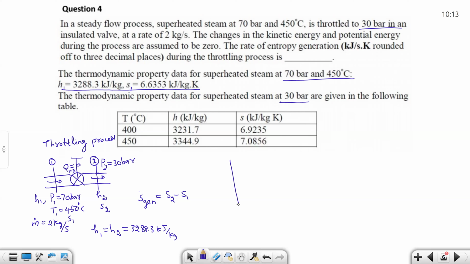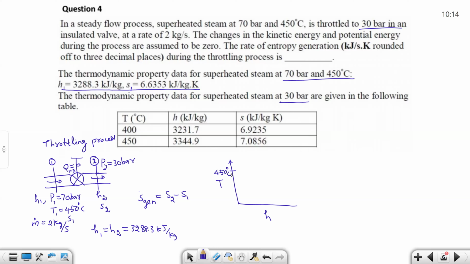So what you do, you take this temperature here by a linear interpolation of H. So you are given at 400 degrees and 450 degrees centigrade.